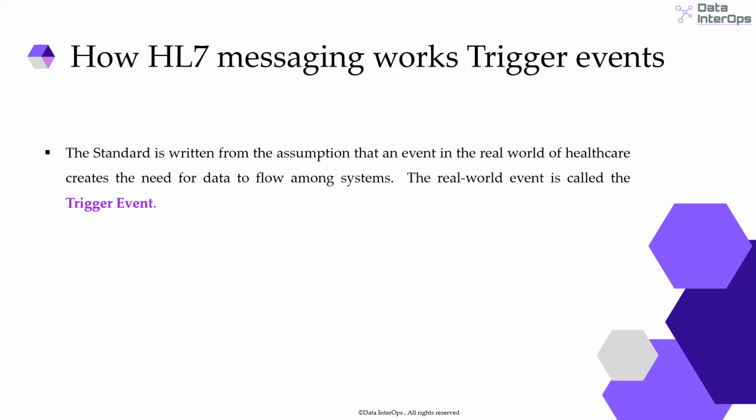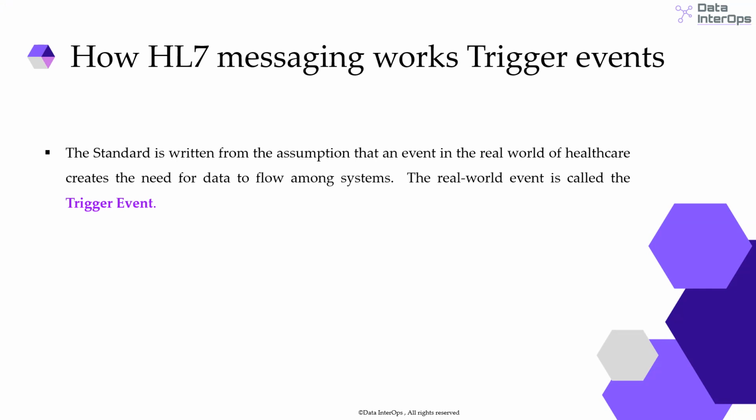So if you go back to our hospital workflow, there may be many series of events that will take place once the patient arrives at the hospital, and every event is not a trigger event. Let's take a look at the sequence. Let's say the patient has come to the hospital and is trying to meet a certain doctor.